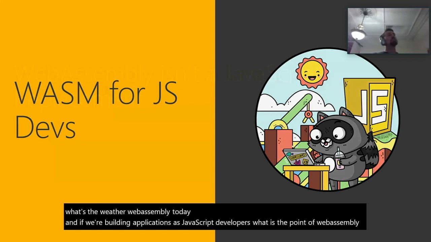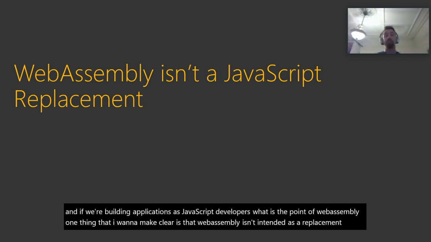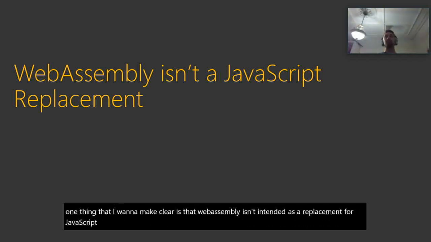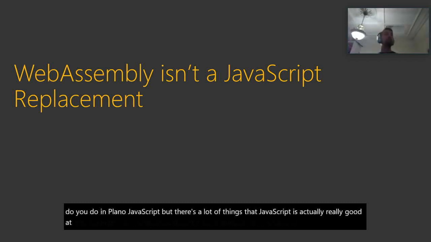Now, one thing that I want to make clear is that WebAssembly isn't intended as a replacement for JavaScript. There's plenty of things that you can do with WebAssembly that are much better to do in WebAssembly than we would do in plain old JavaScript. But there's a lot of things that JavaScript is actually really good at. Things like working with the DOM.